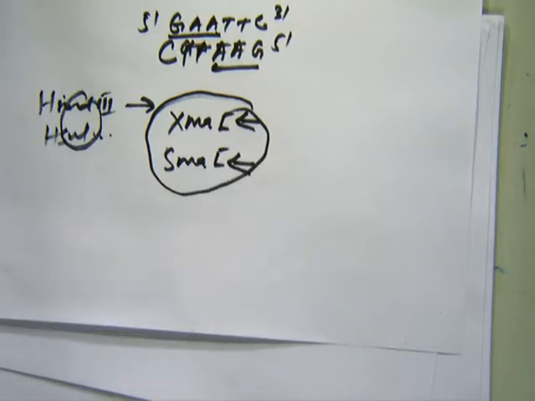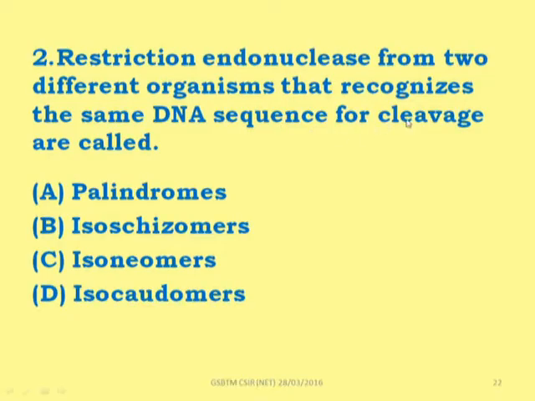So according to this question, isoschizomers is the correct answer. Restriction endonucleases from 2 different organisms, meaning 2 different bacteria, that recognize the same DNA sequence for cleavage are called isoschizomers.